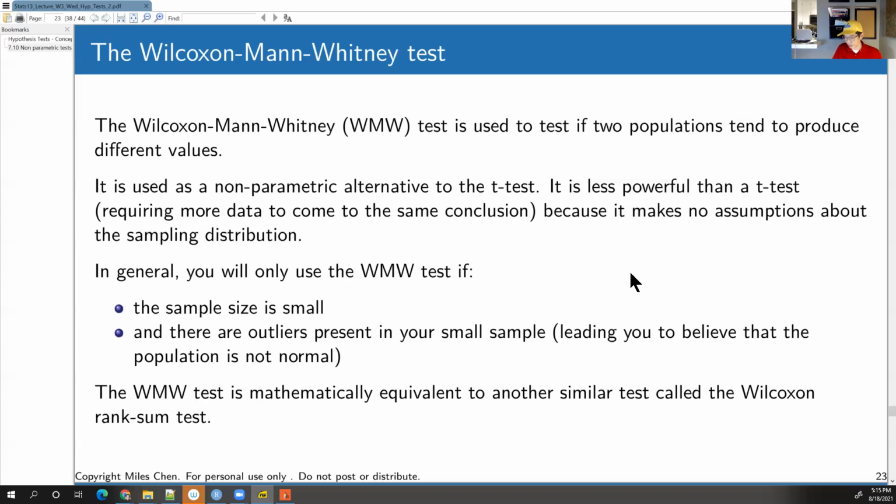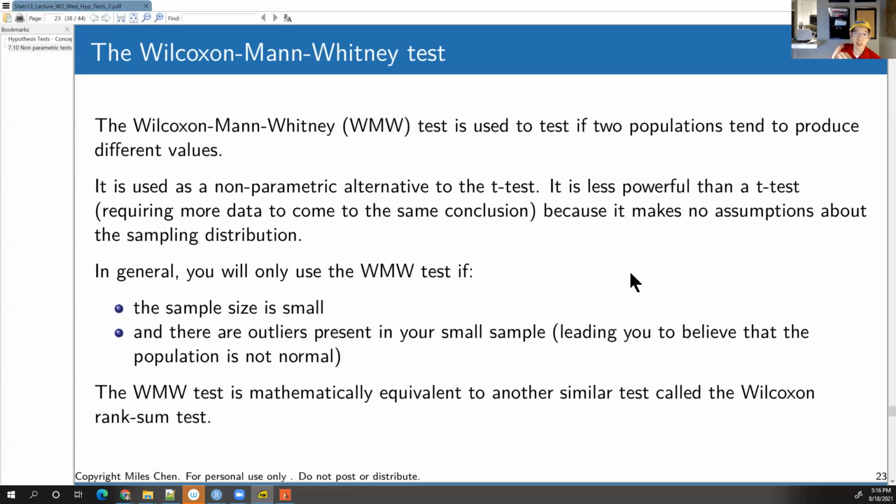Now, in general, non-parametric tests are going to be less powerful than parametric tests, because non-parametric tests make no assumptions about the sampling distribution. The t-test assumes the sampling distribution follows a normal distribution.